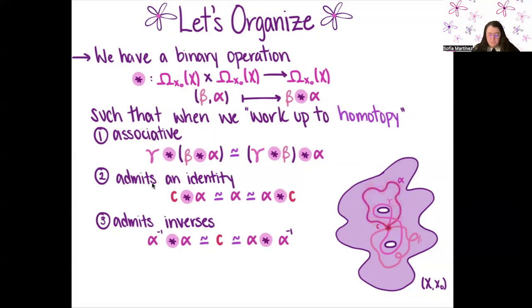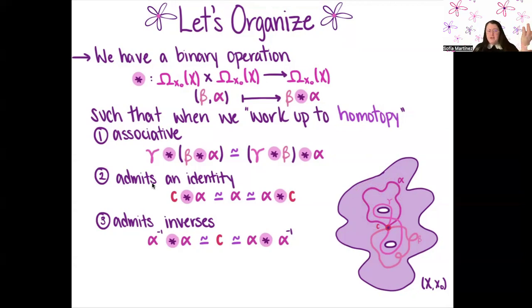When you concatenate these, when you loop product these things, it'll give you something that's homotopic to the constant loop, so to just staying still for the whole time block. That's not too hard to recognize. If I do alpha, which was going this way, and then the backwards thing right on top of it, that should be homotopic to the constant, at least intuitively.